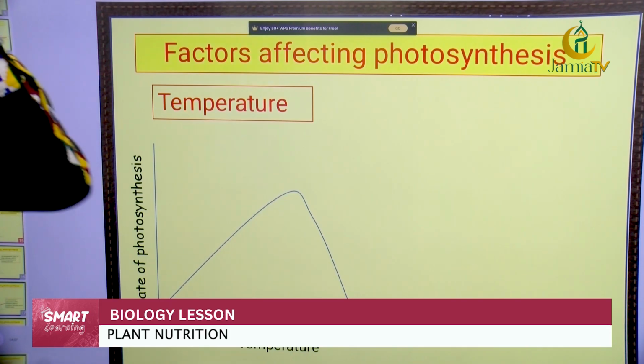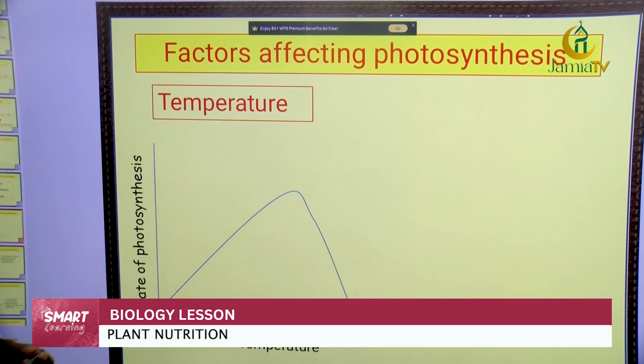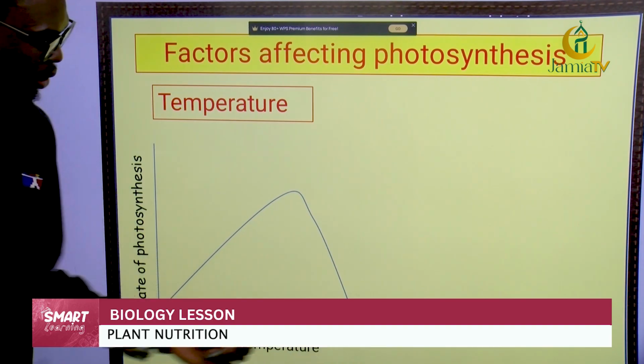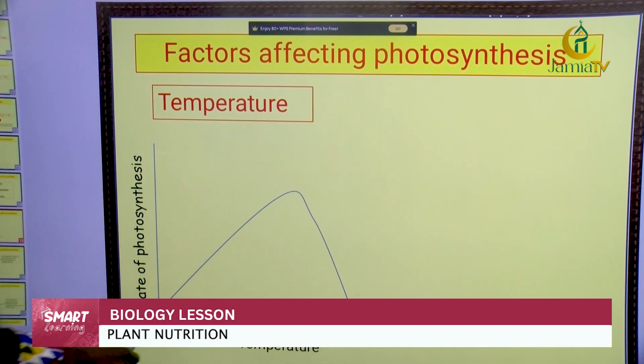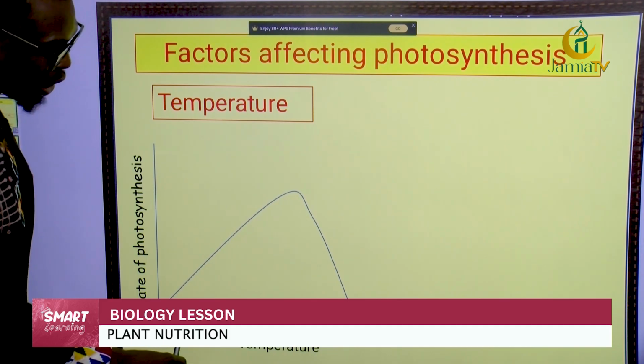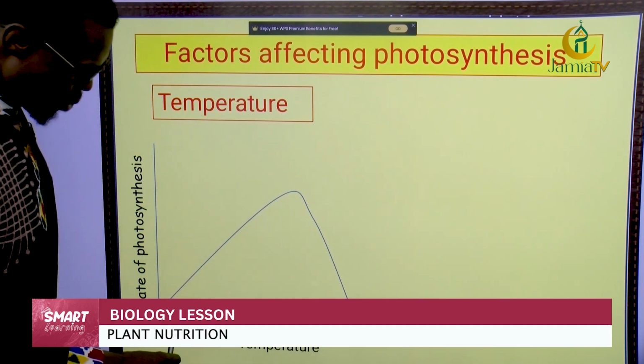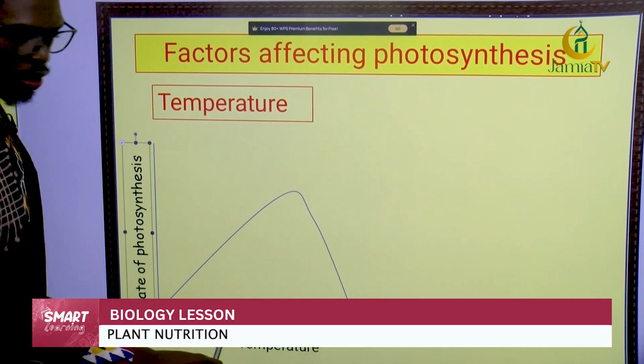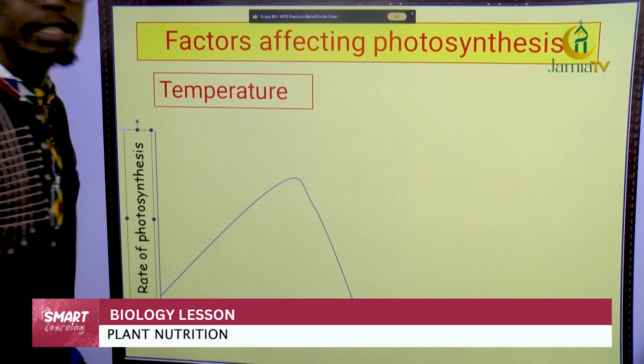So let's start with temperature. In the diagram which I've just drawn here, you can see this is the change in temperature. We have an increase in temperature from 0 to around 40.